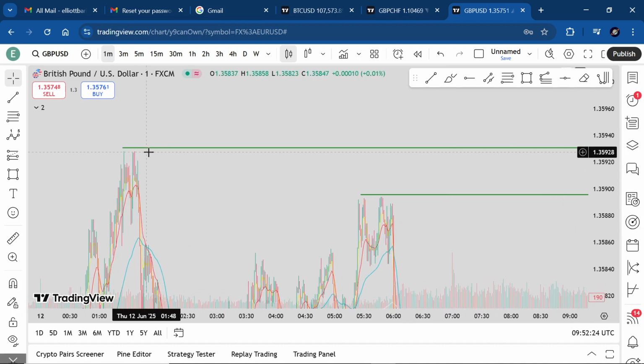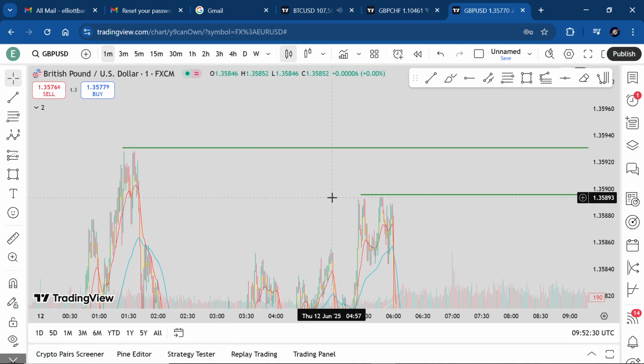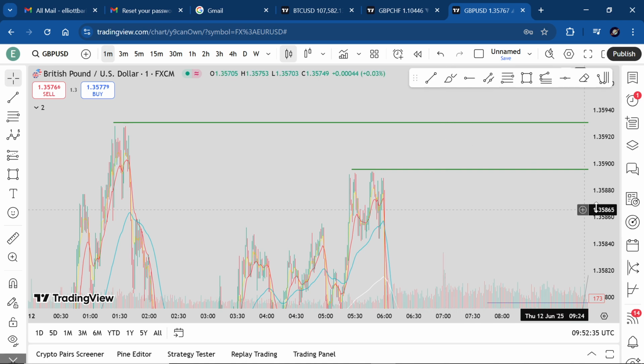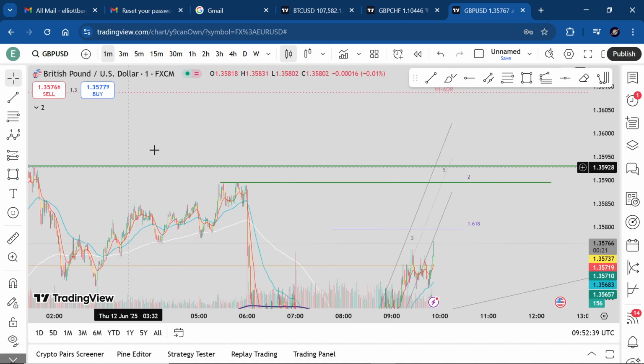Highs are very close to each other, like 90%. In fact, over here, I'd say they're perfect equal highs, 100%. Here, very, very close, okay? So upside on the pound, looking for price to get above here, retrace, and then continue higher.